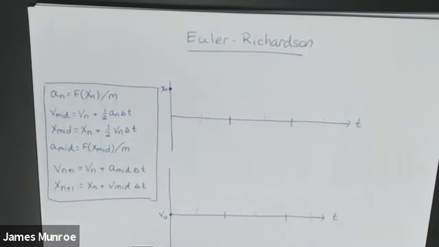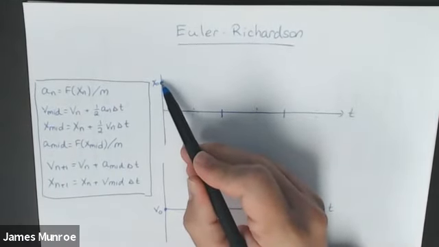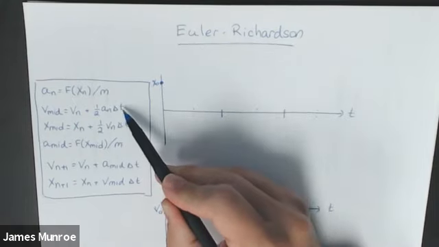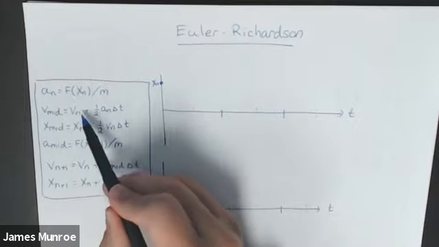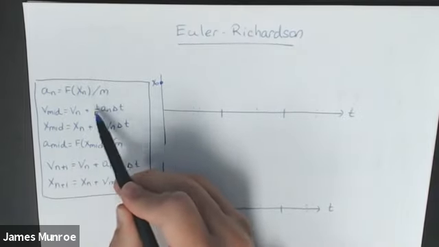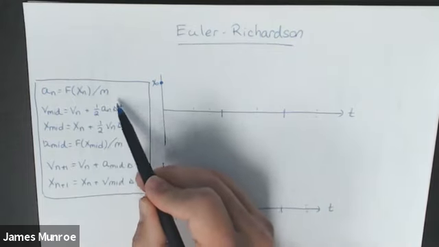Okay, so first thing to do is figure out what the acceleration is right at the beginning. Well, this is a positive number, so the acceleration is negative. Let's use that acceleration to come up with a mid value for the velocity. Take the current size of the velocity, multiply by the acceleration, but divide that by 2 and only take a half size step.